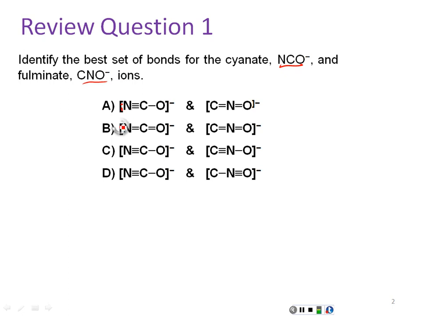So I'm just going to draw those in here. So when nitrogen has a triple bond, there will be one lone pair. When there's a double bond, it will have two lone pairs. And then we'll include them for oxygen as well. And we'll do the same for the other structure.